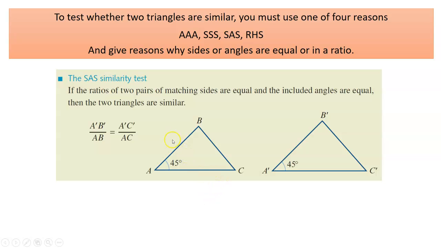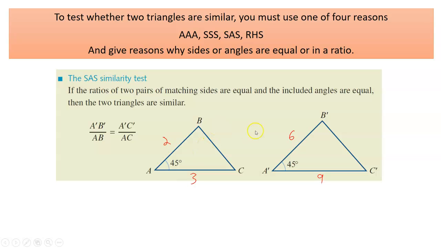SAS is where we've got 2 pairs of matching sides being in the same ratio with each other and then the angle between them being equal. Here you don't know this, I'm just stating it. So for example, I might have something like this is 2, this is 6, this is 9, and this is 3.